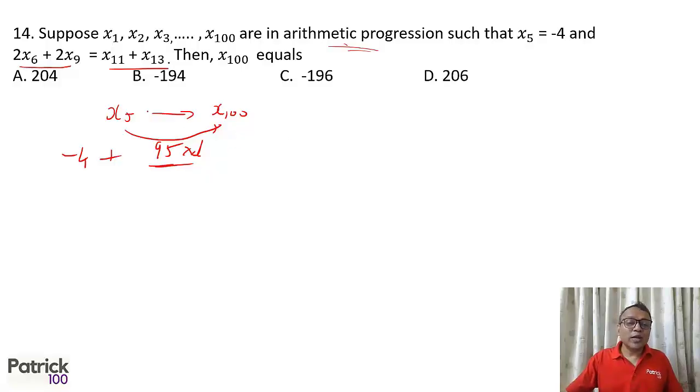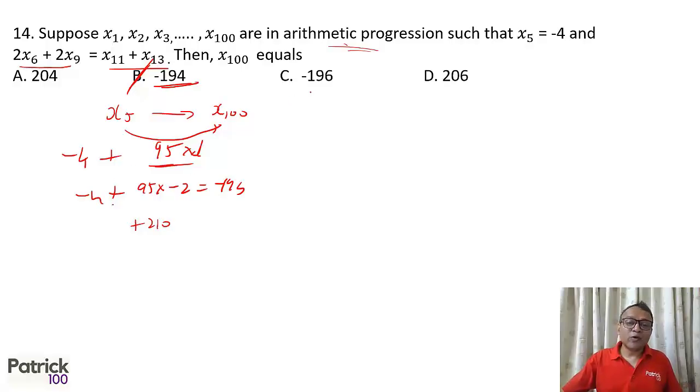Now if you look at the options, the only one which is a multiple of 95 is 194, because 95 into -2 plus -4 will give you -194. You can directly answer the question. None of the other options will give you a difference that is a multiple of 95. For example, from -4, if I want to go to 206, I have to add 210, which is not a multiple of 95.